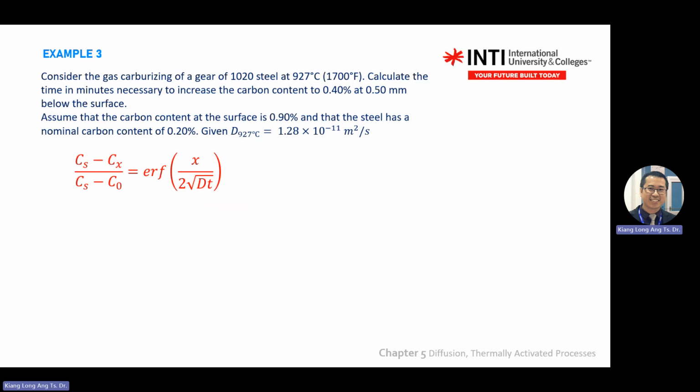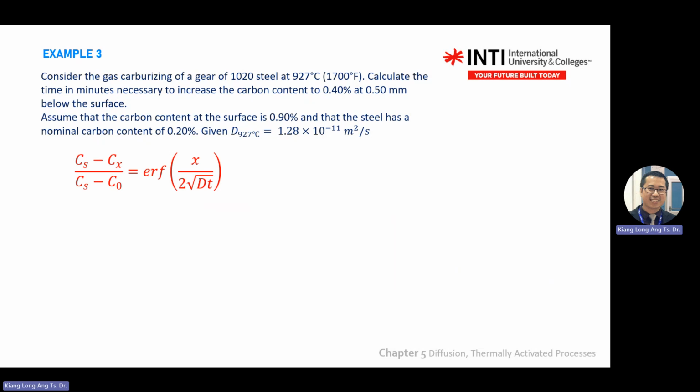Once you write this one, you are given the surface content 0.9%, 0.9% at surface, and 0.2% is the internal default concentration.